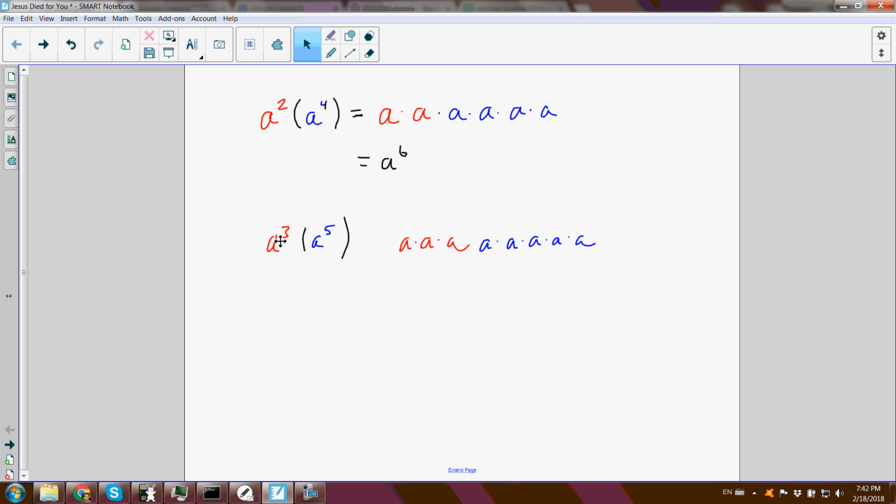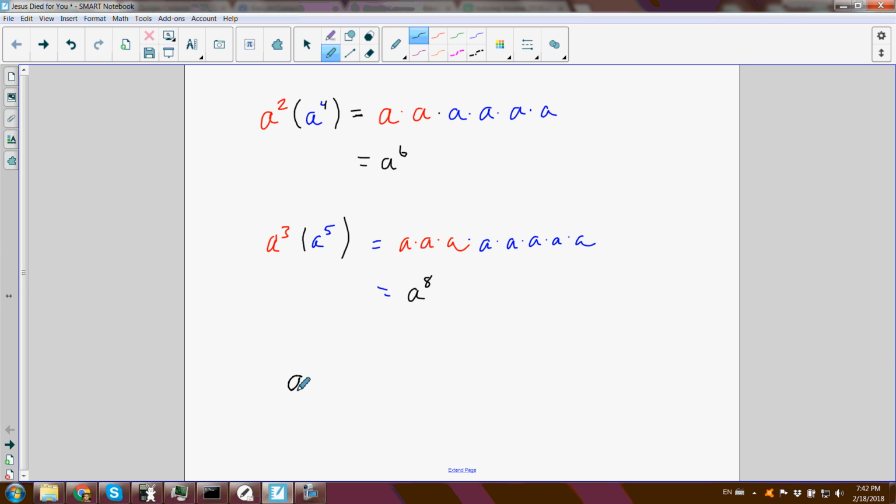So you have 3 factors of a being multiplied by 5 factors of a, and the result is 8 factors of a. So if you're multiplying something to a power times that same thing to another power, all you have to do is add the exponents.